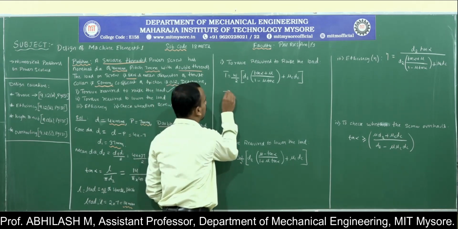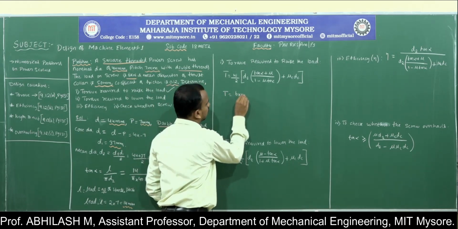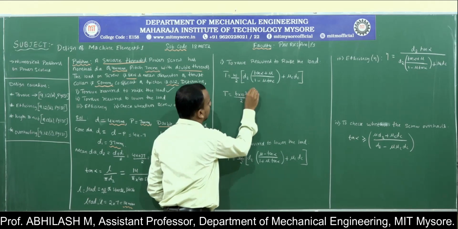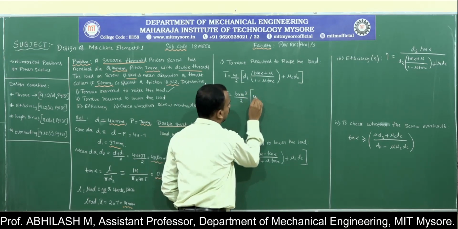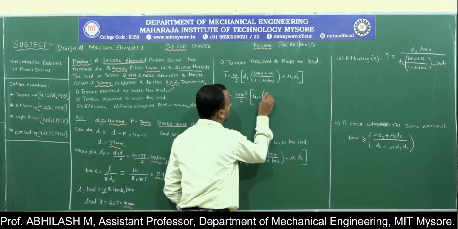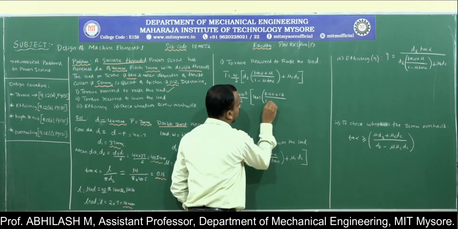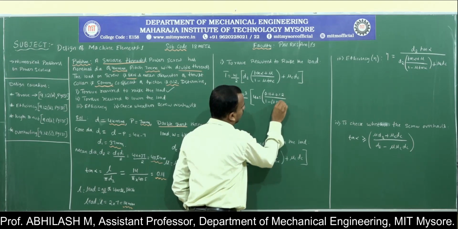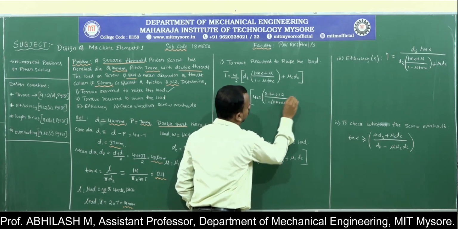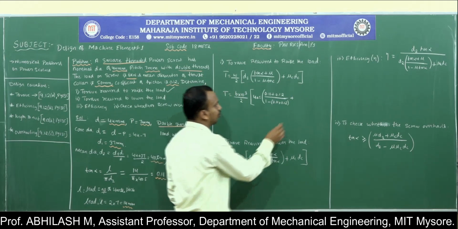So torque T is equal to 6 into 10 to the power of 3 divided by 2 into that D2, which is 40.5, into tan alpha, which is 0.11, plus 0.12, divided by 1 minus 0.11 into 0.12. So what is the coefficient of friction for the collar?